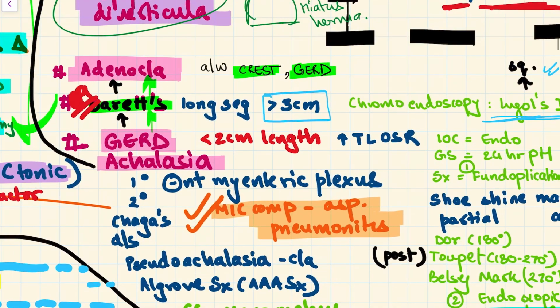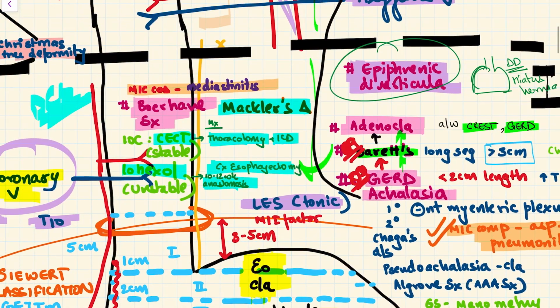Then the next condition is GERD, which is again very important because GERD will lead to Barrett's, and long-standing Barrett's leads to adenocarcinoma. The most common predisposing factor for GERD, which is gastroesophageal reflux disease, is this: see, this is the esophagus and this is the diaphragmatic opening, and this is the intra-abdominal esophageal length.